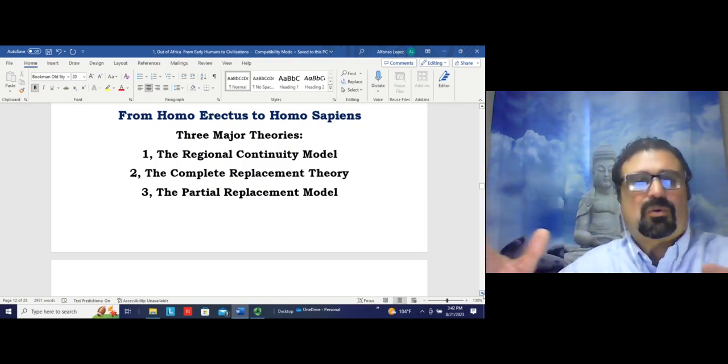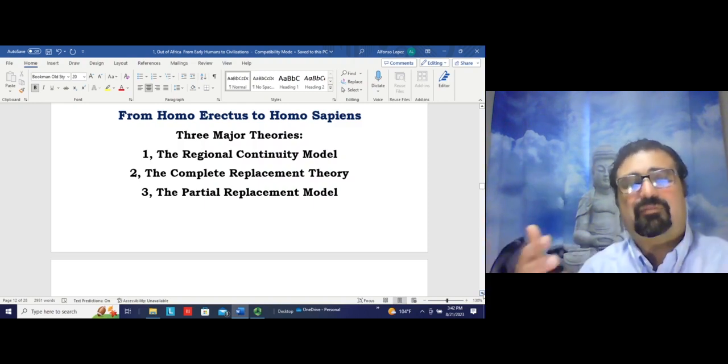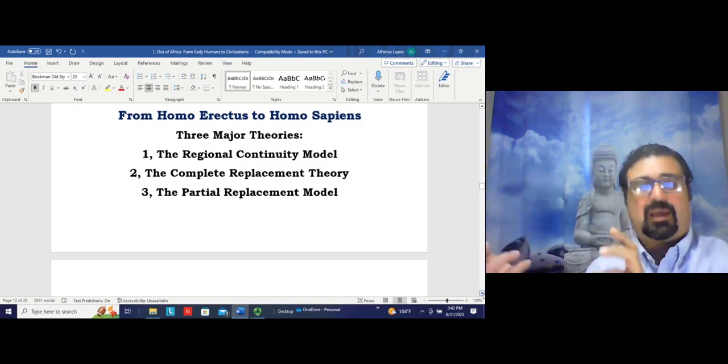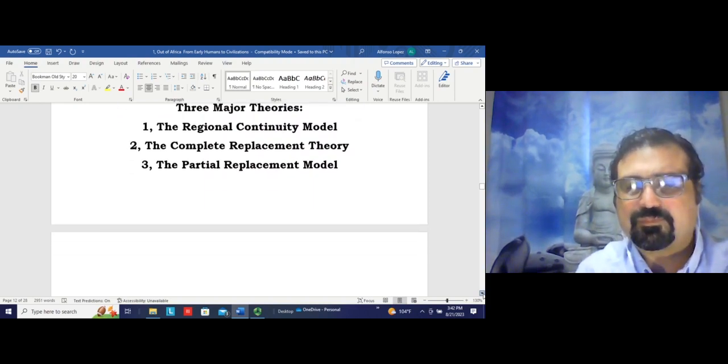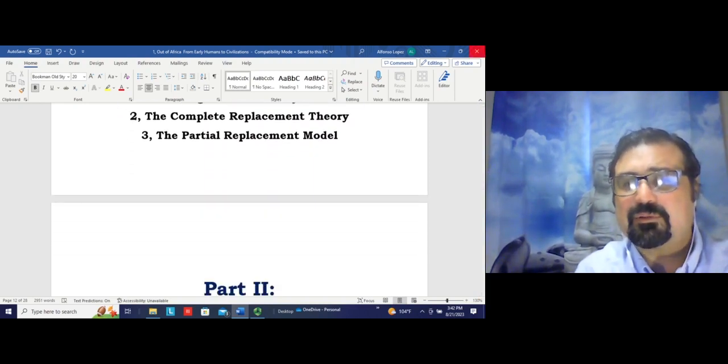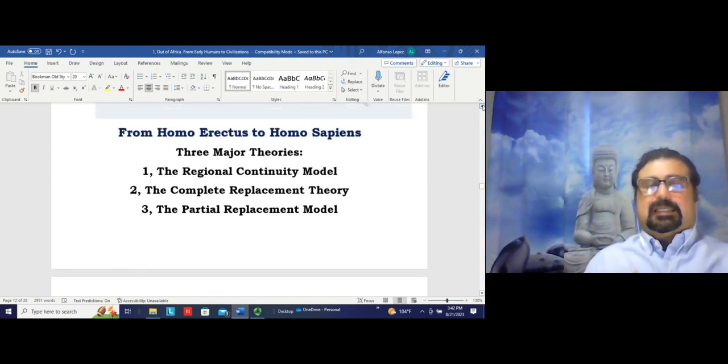And so this is a partial replacement. There are still a lot of people, according to this theory, that have Neanderthal genetic background, in other words. But the Homo sapiens are now the dominant, of course, species in the world.